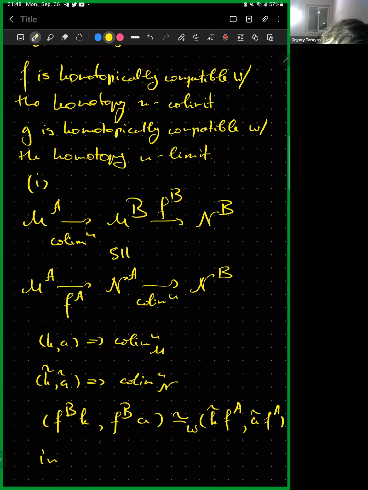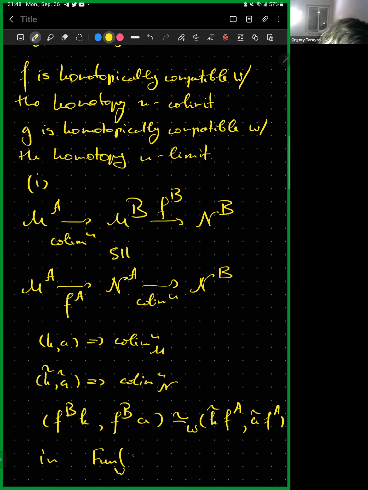So this canonical weak equivalence happens in, well, this will be a pretty clunky notation, but I think I can write like this.